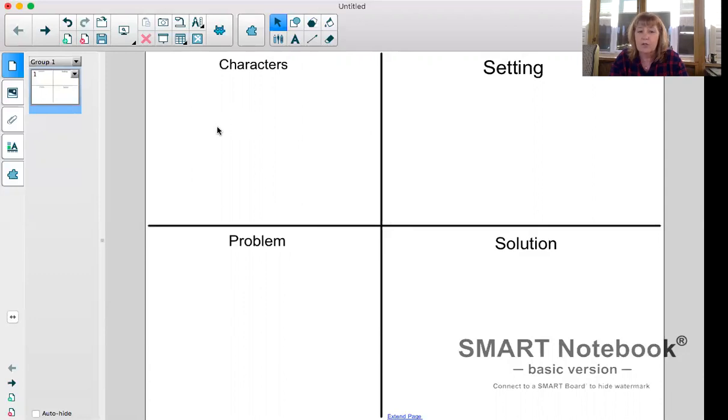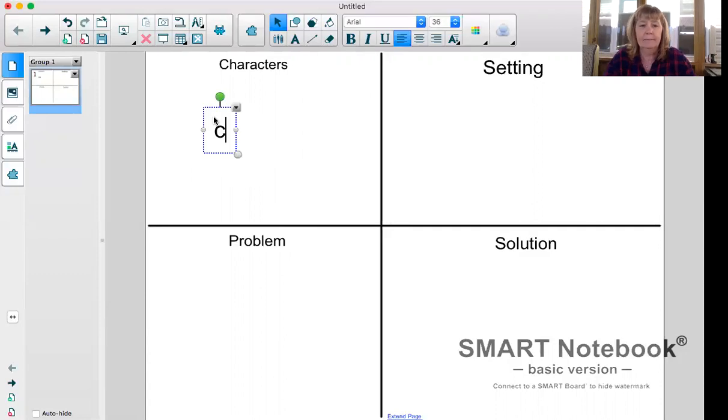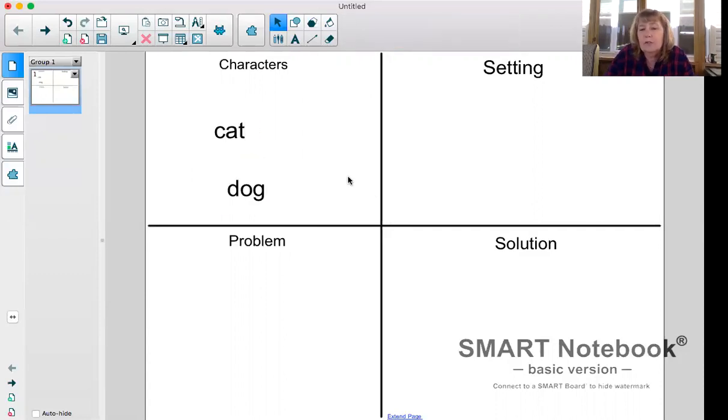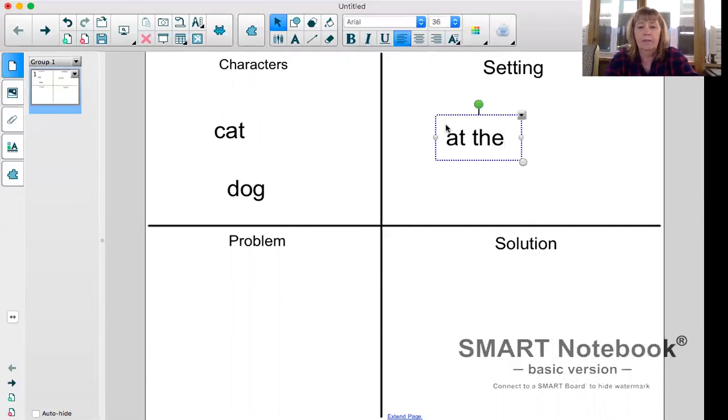Top one, characters. You can draw the pictures, you can write the words. Today, I'm just gonna type it for you guys to make it a little bit easier. So I'm gonna make up a story, and it's gonna have a cat, and it's gonna have a dog. Those are gonna be my 2 characters. And my setting is gonna be at the park. So they're going to the park. Now, this is my problem.